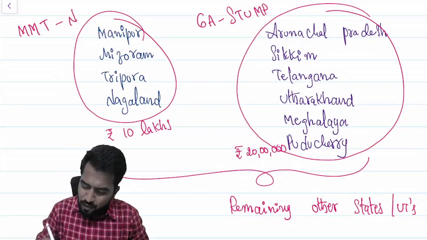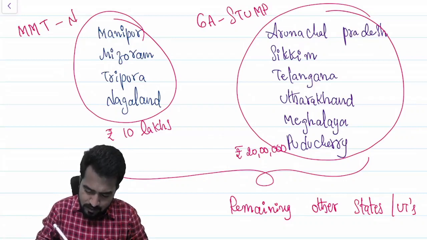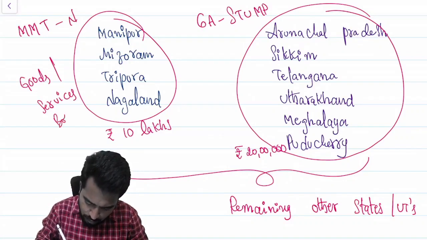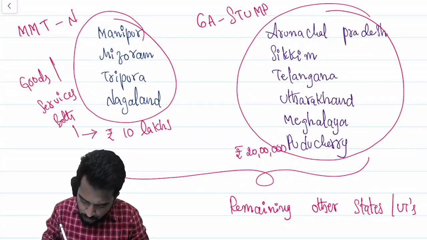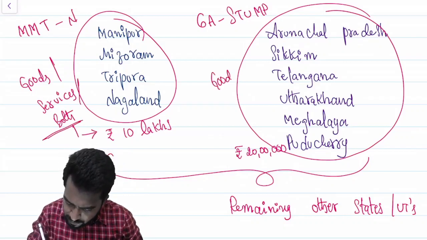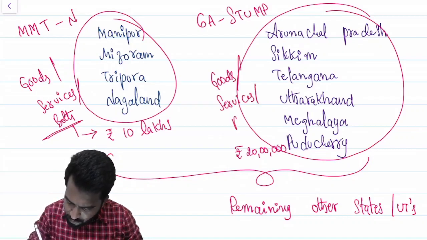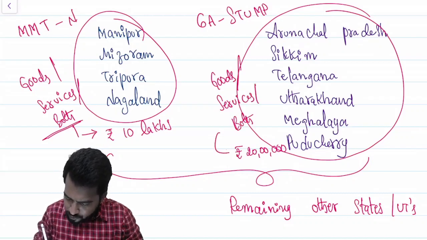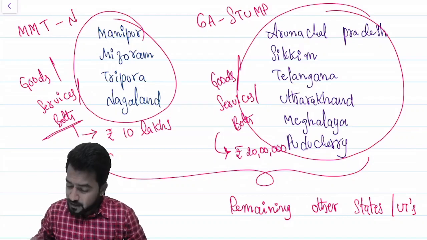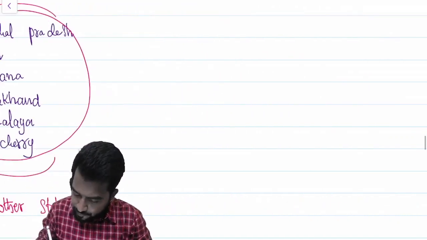So please understand, not only if you are exclusively dealing with goods here. In these states, if you are dealing with goods or services or both, the threshold limit is 10 lakhs. Here also, no matter whether you are dealing with goods or services or both, the threshold limit for registration is 20 lakhs.